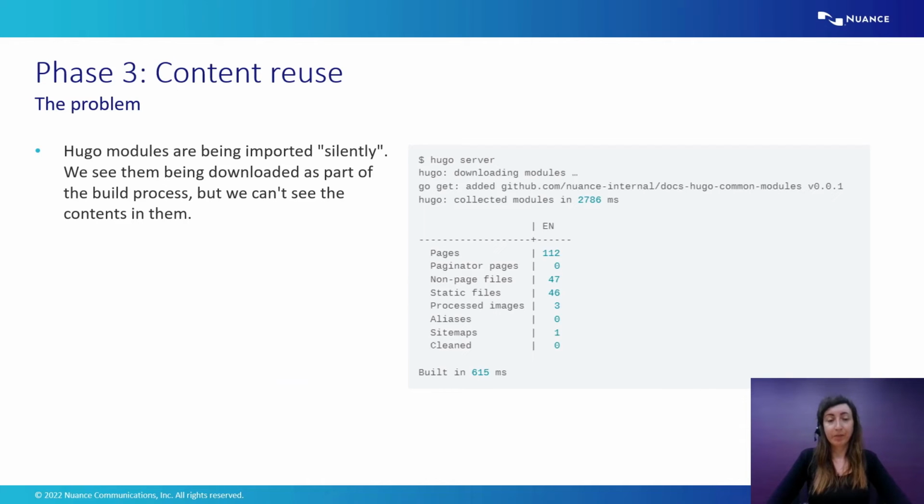That being said, when writers would be working on their doc sets locally, the HugoConf modules would be downloaded as part of their local builds. The drawback to this was that these modules were being imported silently. We see the content as part of the build package when we run Hugo, but we can't see what the HugoConf modules is made up of in terms of our project directory.